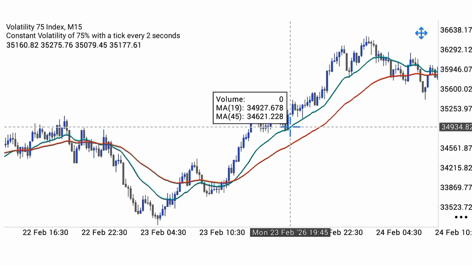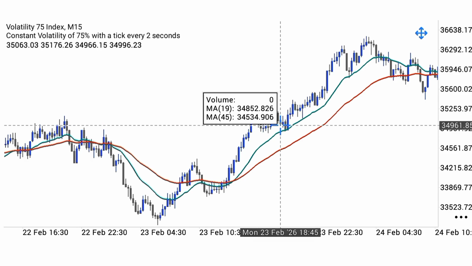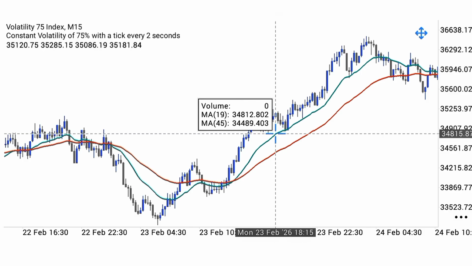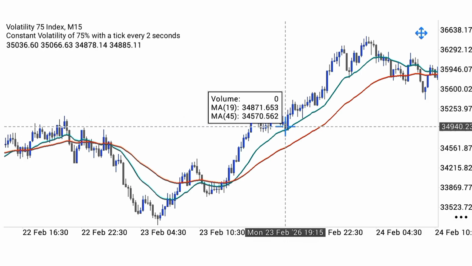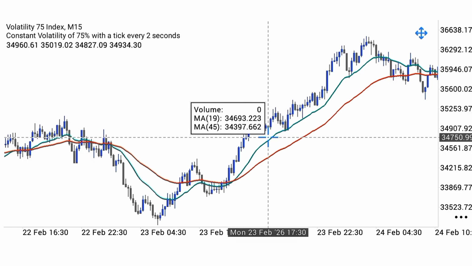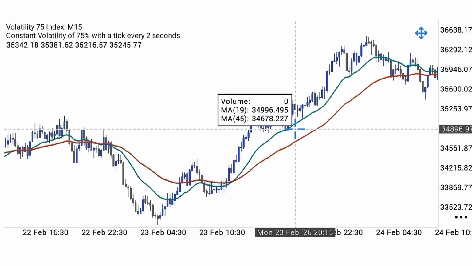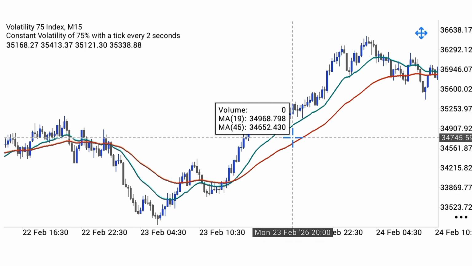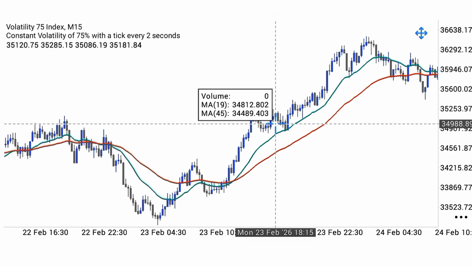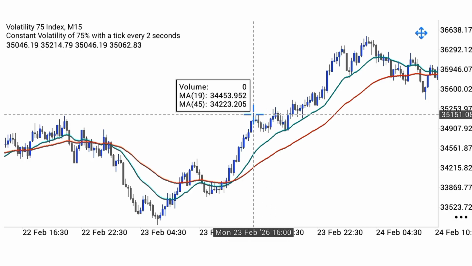It was only at this point that the market touched the moving average line, which is our green moving average line. And luckily for us, we got an engulfing candle. So when you have an engulfing candle here, you have all the confidence to take your trade. You can take your trade here.